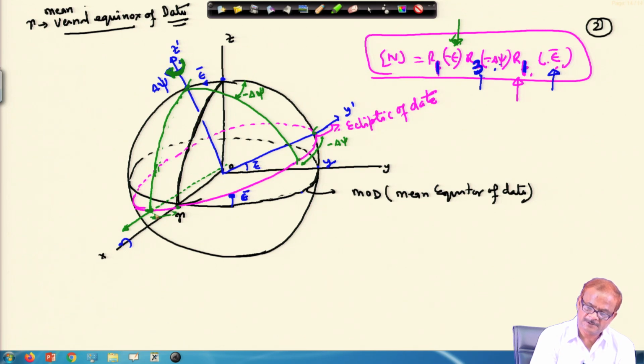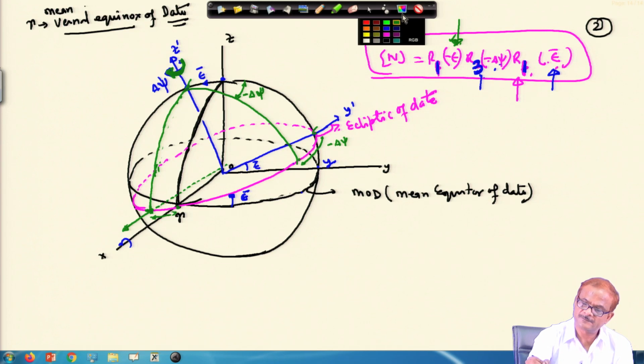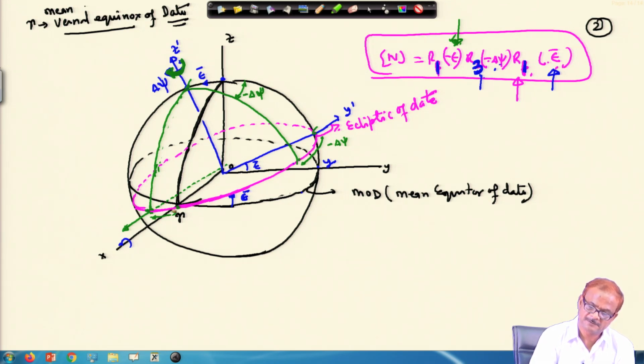So, another rotation by epsilon about this point, that means this pink line what we have shown here, this particular line, now we have to move it by epsilon angle. So, here you have to give rotation by minus epsilon, okay. This is the negative rotation.